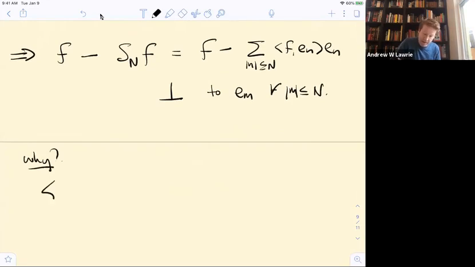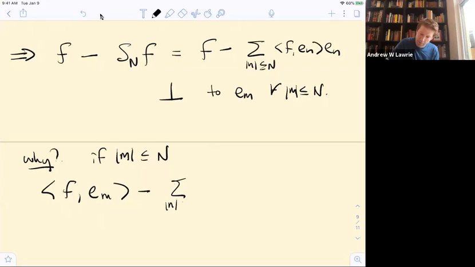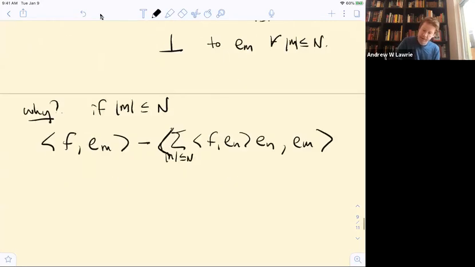I just can compute. So if m is one of the first N integers, and I pair f minus S_N f with e_m, this whole sum paired with e_m, then here everything collapses, right?